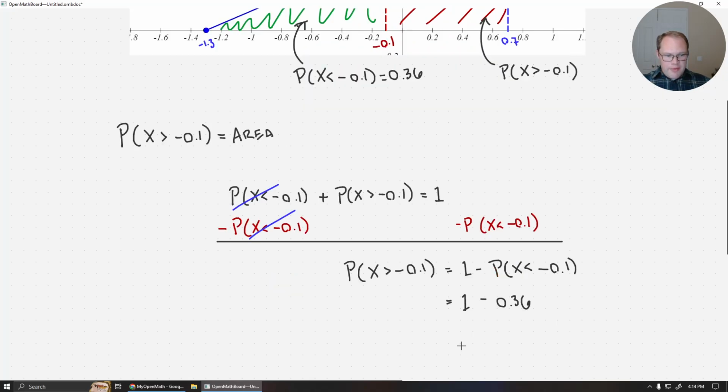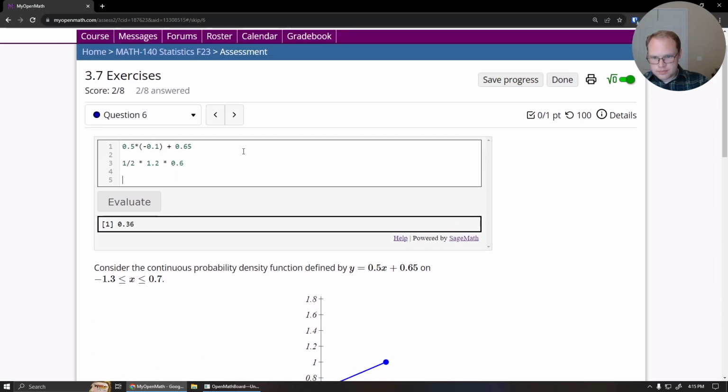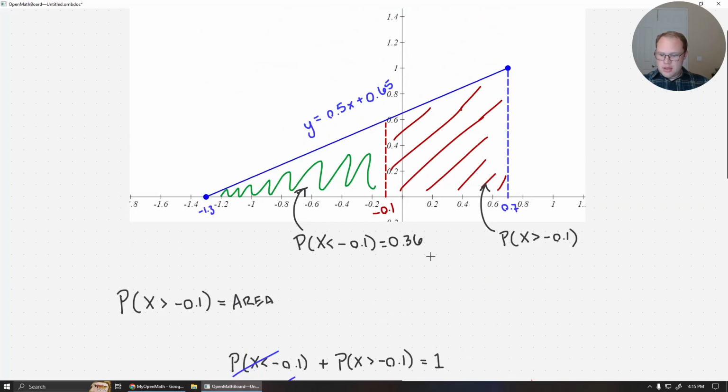Okay, so my final probability, if I plug that into my calculator, 1 minus 0.36, I get 0.64. So there is a 64% chance that if I run this experiment, the outcome would be in this region, that the outcome would be bigger than negative 0.1.